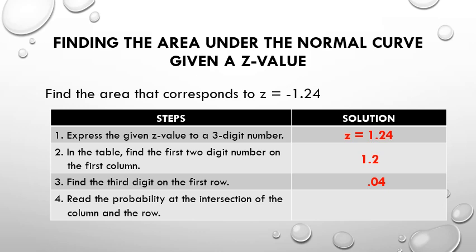We will just subtract 1.2 from 1.24. So, 1.24 minus 1.2, press ninyo ang calculator or gamita ninyo ang papel o ballpen, the answer is 0.04. So that is how to find the third digit.